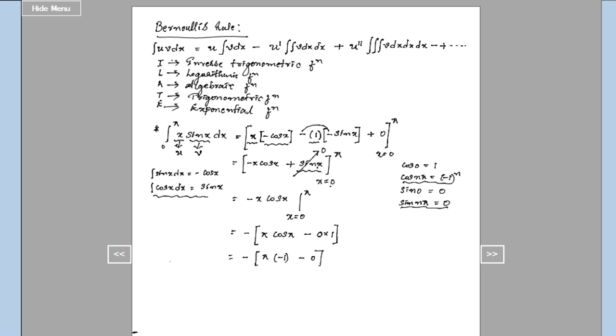Minus 0. So you are left with minus of minus 1 into pi, which is minus pi, minus 0, which is minus pi. Minus of minus pi is plus pi. This is the way to integrate the given integral from 0 to pi of x sin x dx.